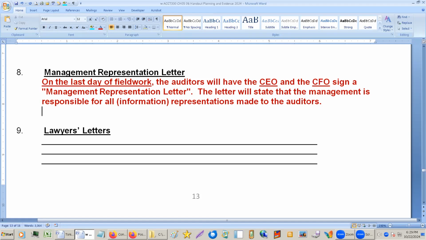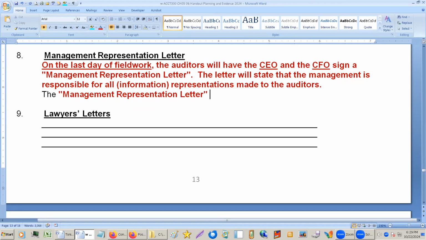This does not replace evidence. So you can't rely on it as evidence.